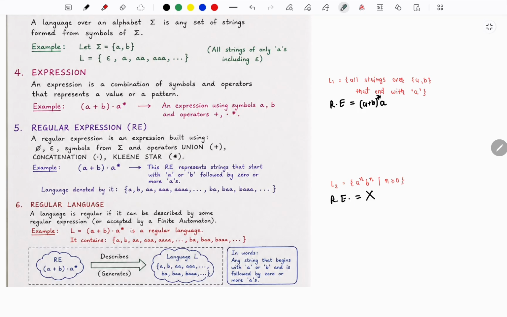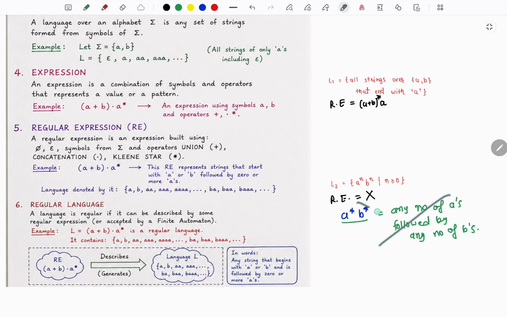Now some students may think that the regular expression for this language L2 can be A star B star, but this is not correct. Why? Because the regular expression A star B star means any number of A's followed by any number of B's.